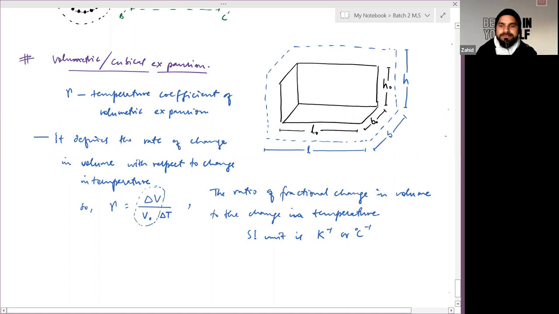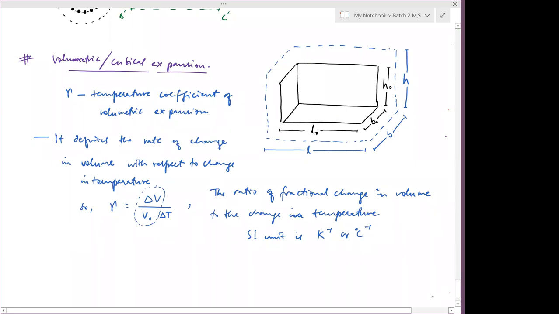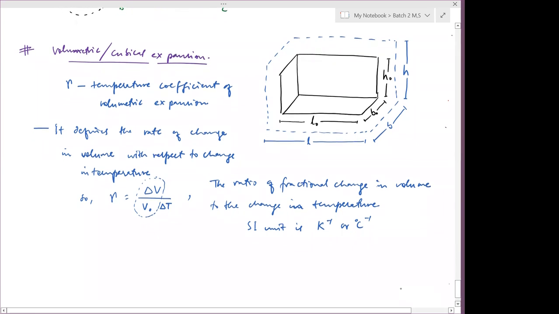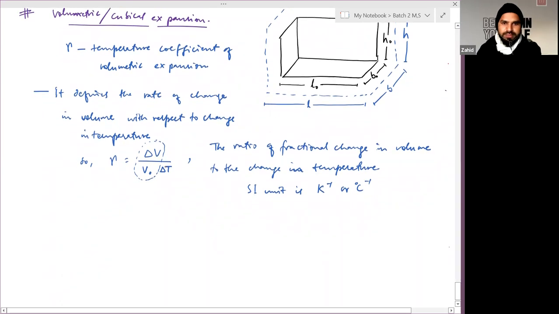Okay. So if you expand this relation, gamma equals delta V divided by V naught times delta T. Move this denominator to the left side.